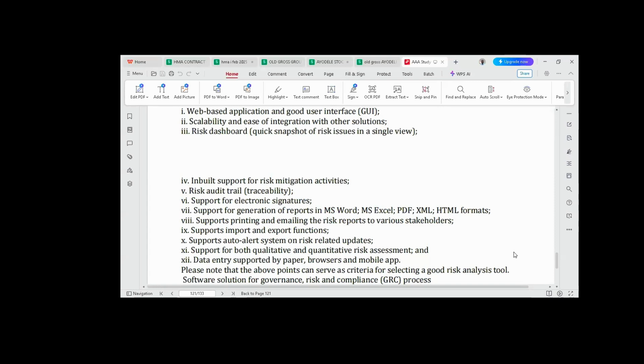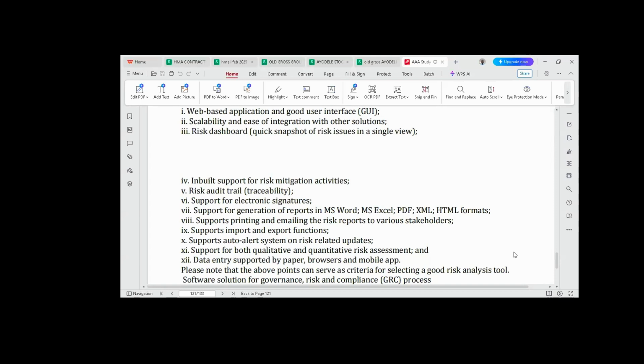Now, what do we mean by mitigation activities? Then, more importantly, it has what we call the risk audit trail. That is, you can trace the origin of a transaction or an account balance or any information once you have this risk management tool pack.